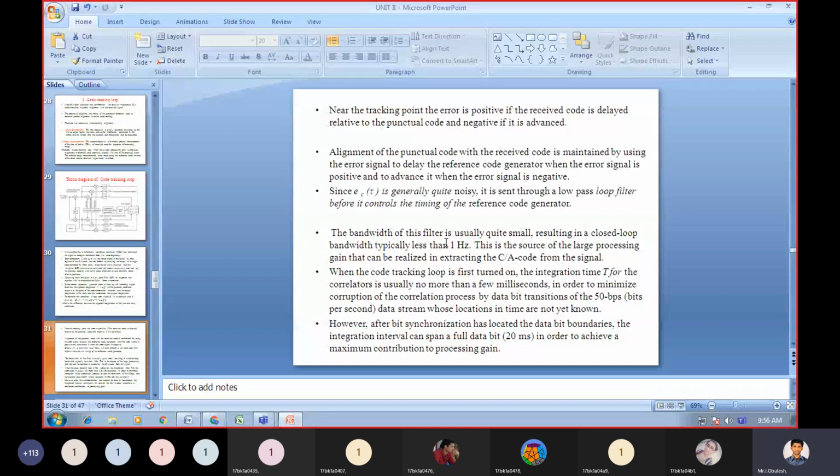Therefore, the bandwidth of this filter is usually quite small, resulting in a closed loop bandwidth typically less than 1 Hz.